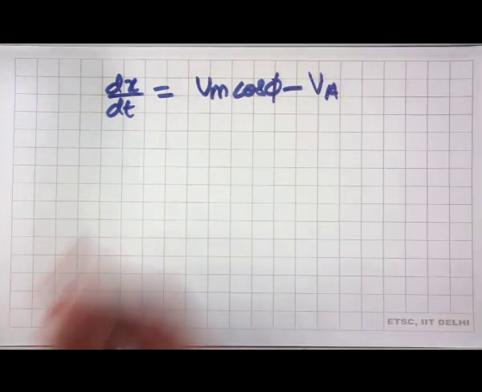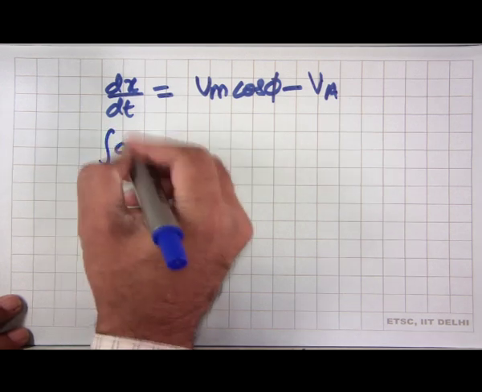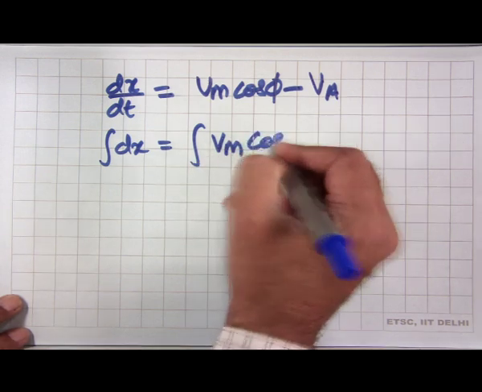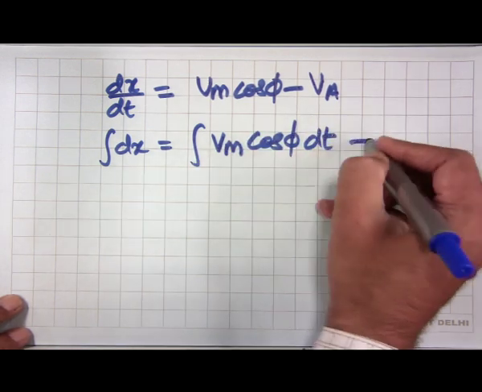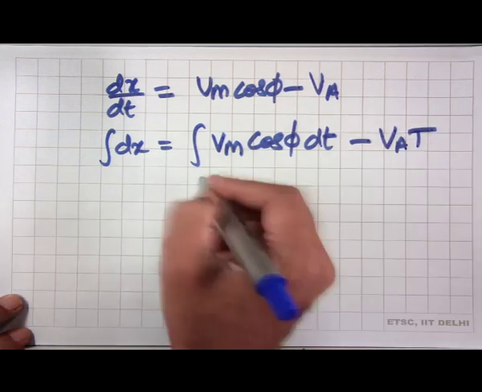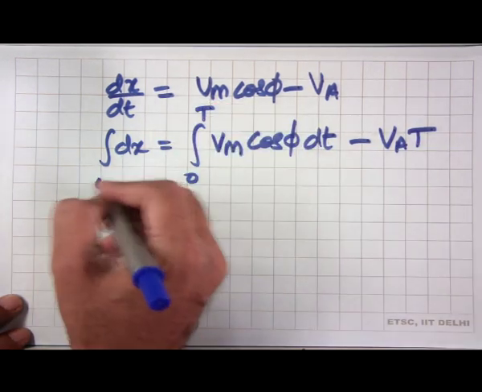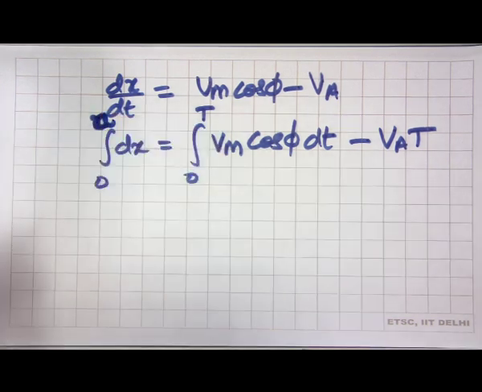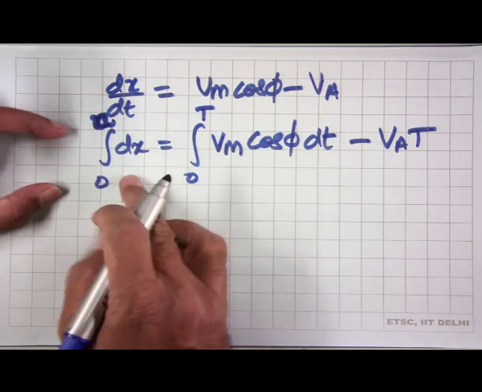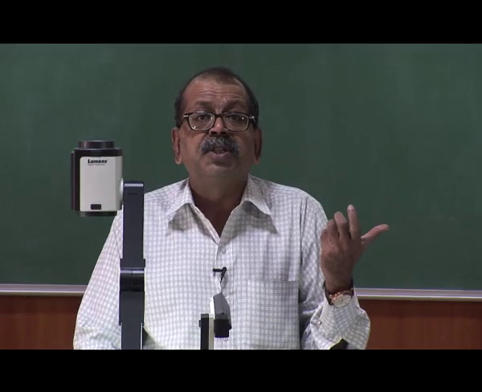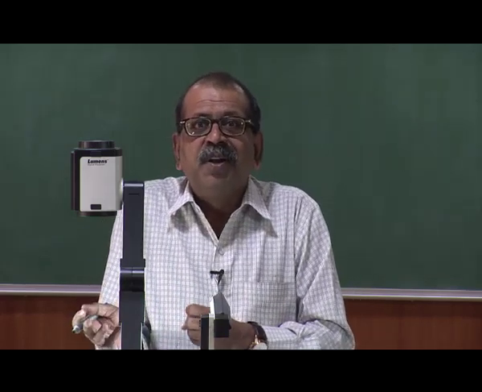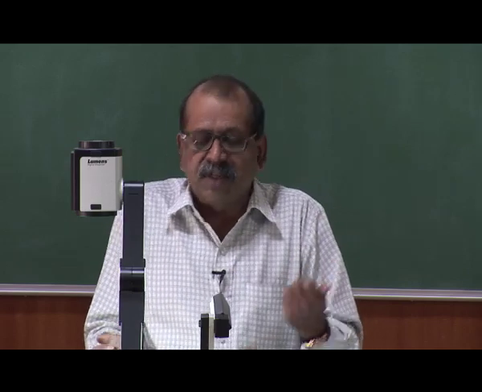And if I integrate this, what I will get is integral dx equal to integral Vm cos phi dt minus Vat. This x distance which is moved in the reference frame of the aircraft is nothing but the initial separation, because that is the distance which the missile has to cover in the reference frame of the aircraft in the x direction.